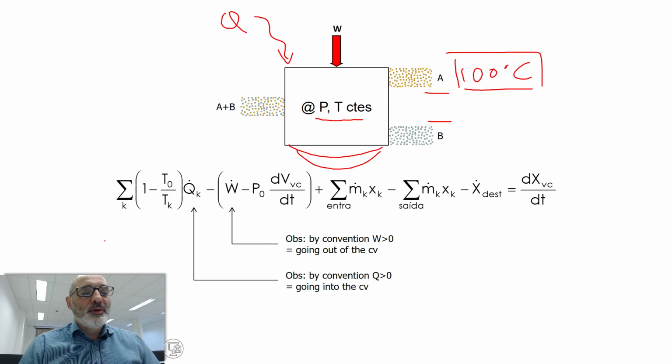So it's trying to compress the atmosphere, and it will penalize our work here, okay? The other components are exergy associated with mass fluxes, okay? So entering, I have A and B, and exiting, I have A separated from B. We're going to have to account for this, okay?